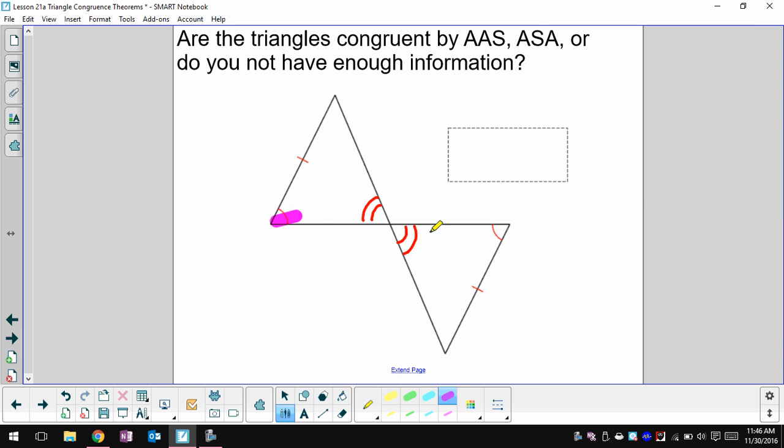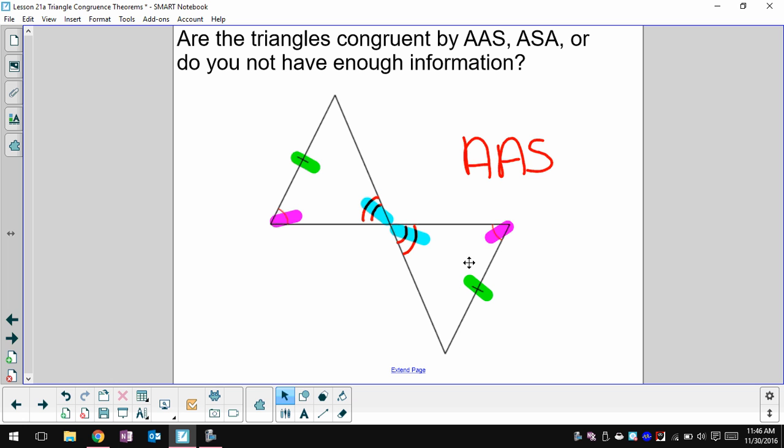So now I have one pair of angles, two pairs of angles, and I have a pair of sides congruent. And notice that this side is not between the two angles that I've marked up. This side is also not between the two angles that I've marked up. So I have angle, angle, side. So these two triangles are congruent, and they're congruent by angle, angle, side.